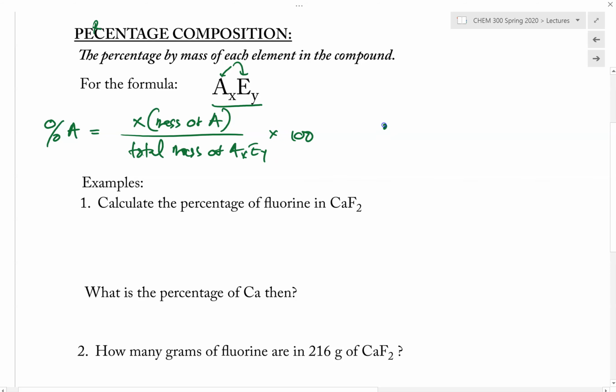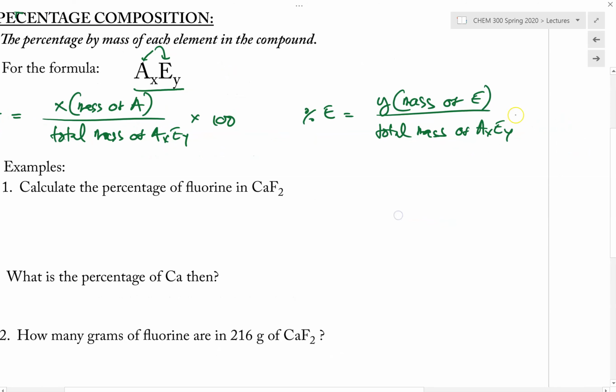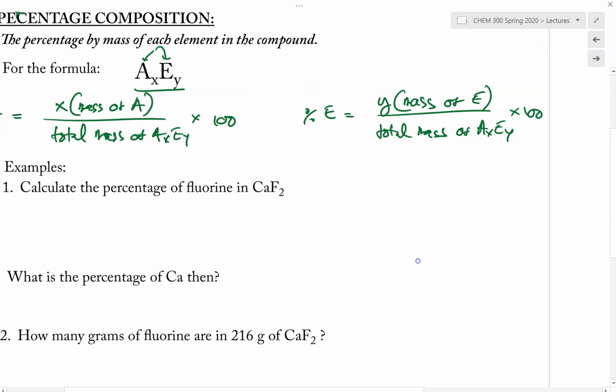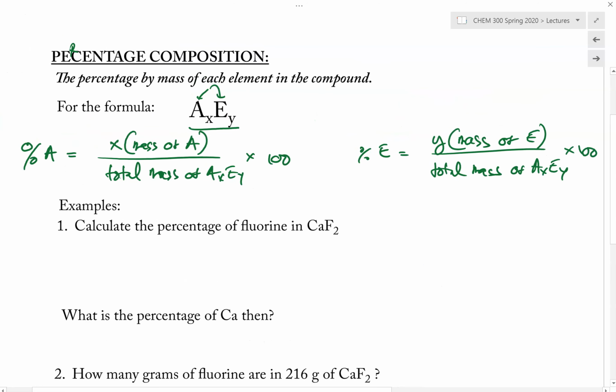And similarly, we can also calculate the percentage by mass of the element E, which would equal y multiplied by the mass of element E divided by the total mass of the entire compound, multiplied by 100. So that is how we can calculate the percentage by mass of an element in the compound.